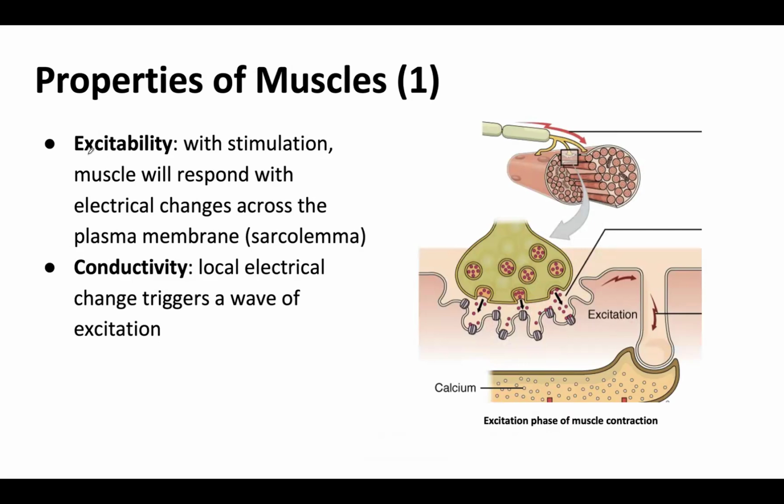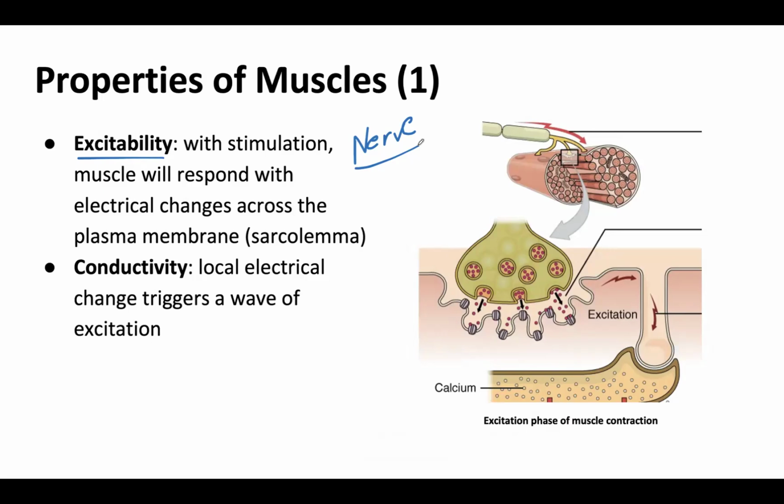First will be excitability, which sometimes you hear as responsiveness rather than excitability. This is a similar concept. And this is actually a property of all living cells, but muscle cells and nerve cells have developed this property to a very high degree, particularly in comparison to other types of cells.